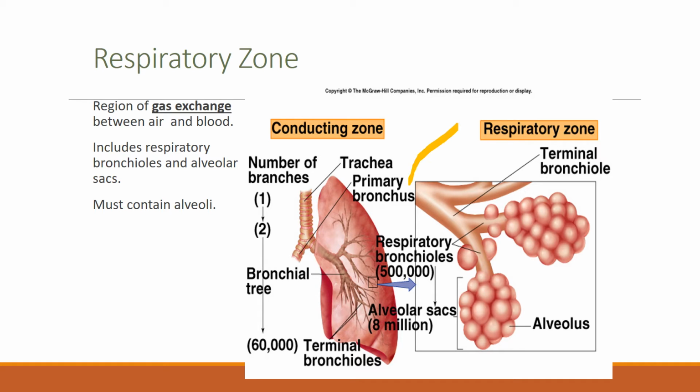So here we're looking at this area right here, and the respiratory bronchioles stem from the terminal bronchioles and then empty into these alveoli clusters. The respiratory bronchioles, again, will be where the clusters of alveoli are, and these are very thin air tubes. And in order for gas exchange to occur, we need to have several different alveoli.